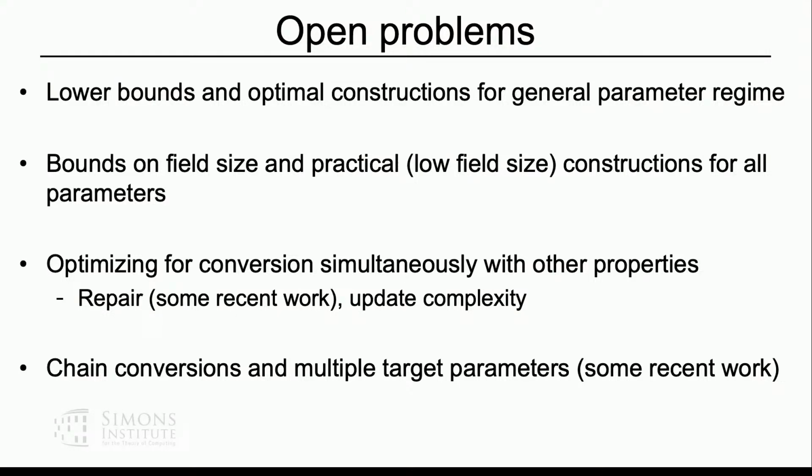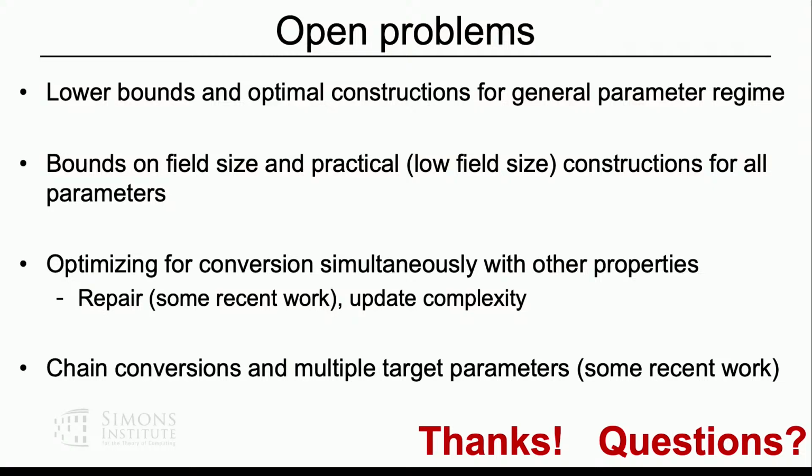And not just having one set of final parameters, nf, kf, because you often don't know the specific nf, kf, you can have multiple target parameters to convert to. Again, there is some recent work on some of these, but there are a lot of open problems there. Thank you, and happy to take questions.